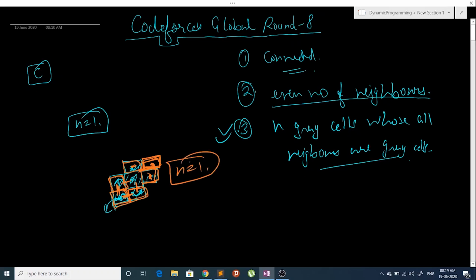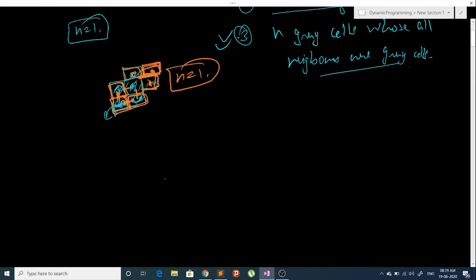Now how to extend this solution? We have the solution for n equals 1 like this. Now what if I make these three cells here?